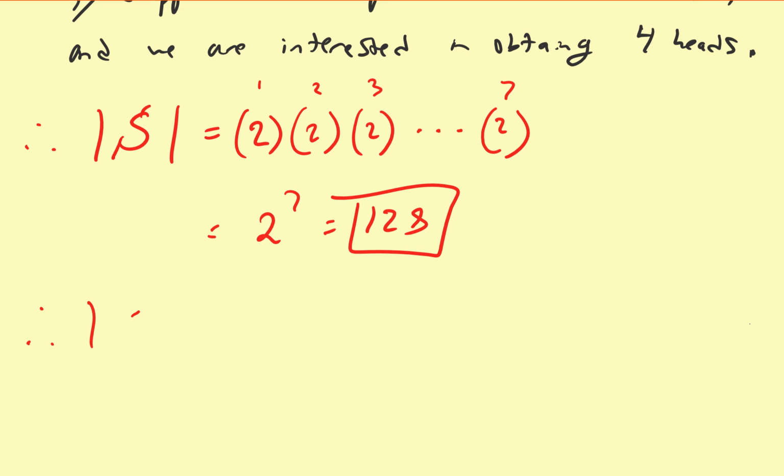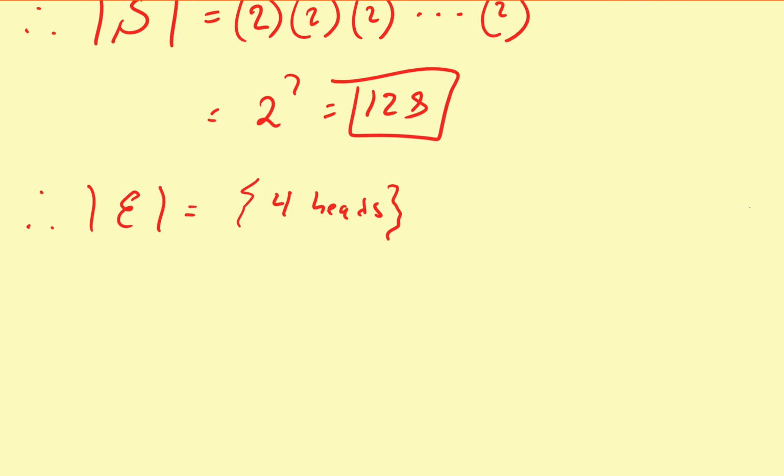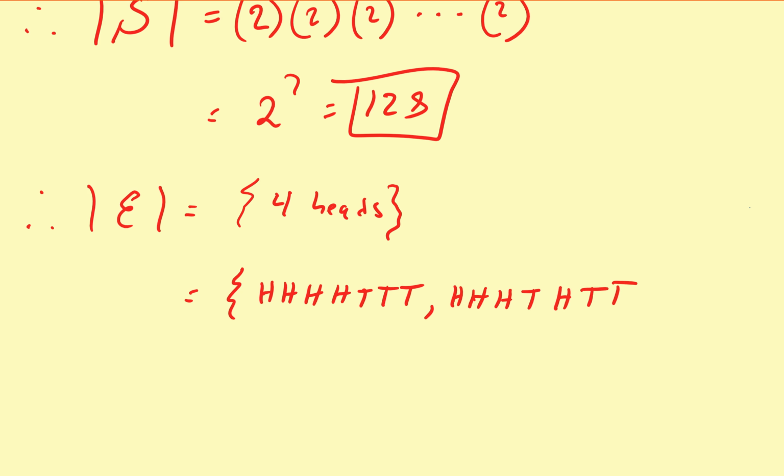Now the event space, E, is the set of all events such that we have 4 heads. So let's try and list them. Of course, it's impossible in practice if this number is large, but we could have heads, heads, heads, heads, tails, tails, tails. So that's one possible event, right? We could also get tails, tails, tails, tails, heads, heads, heads.